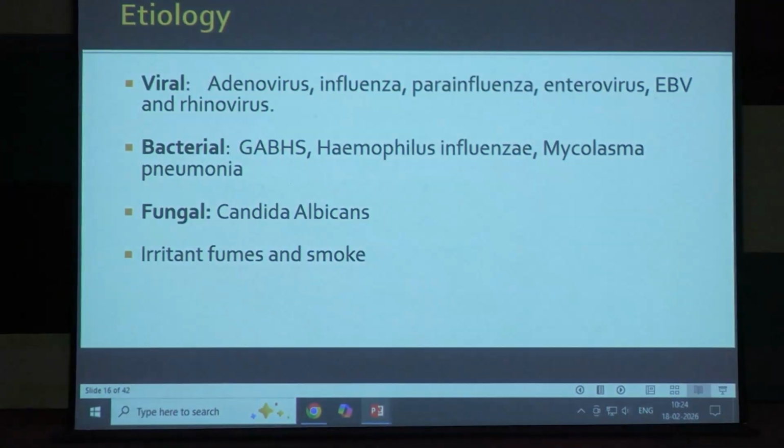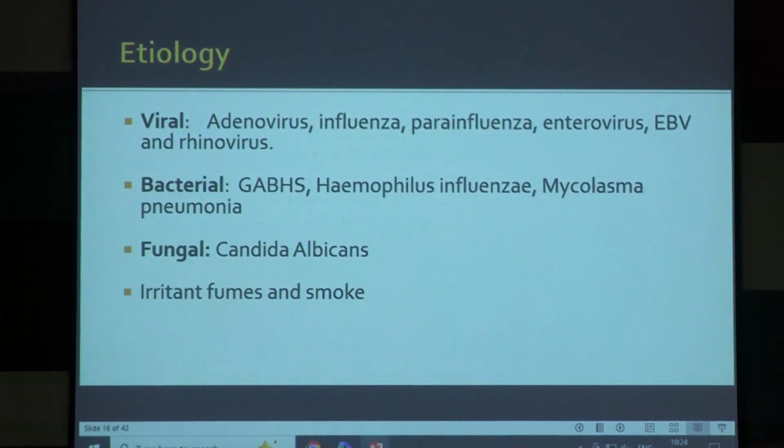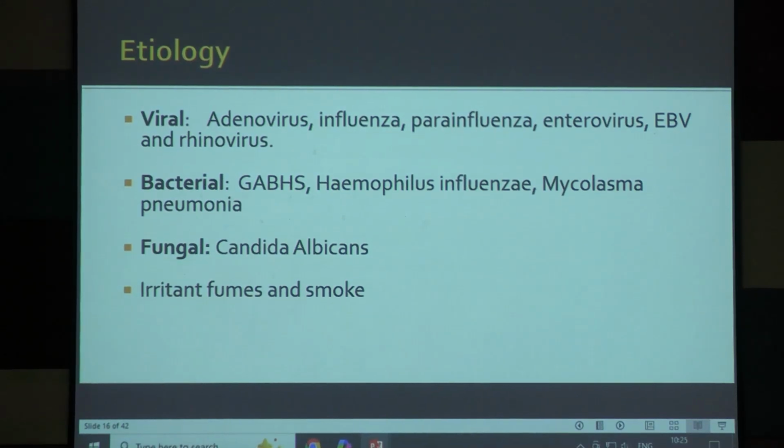Most common bacteria, group A beta hemolytic streptococci. Okay. Others, Haemophilus influenzae and Mycoplasma pneumoniae. Fungal agents like Candida albicans and irritant fumes or smoke can also cause the same type of symptoms like sore throat.